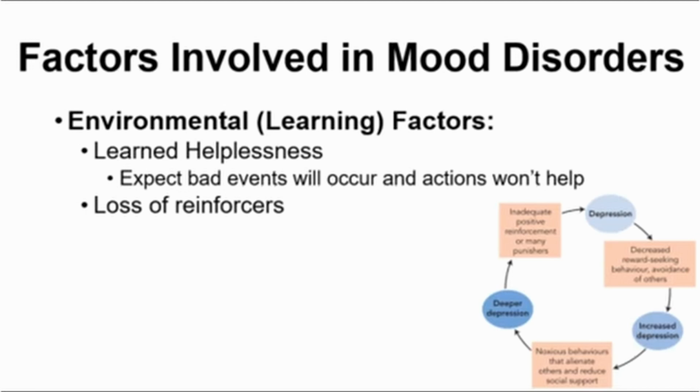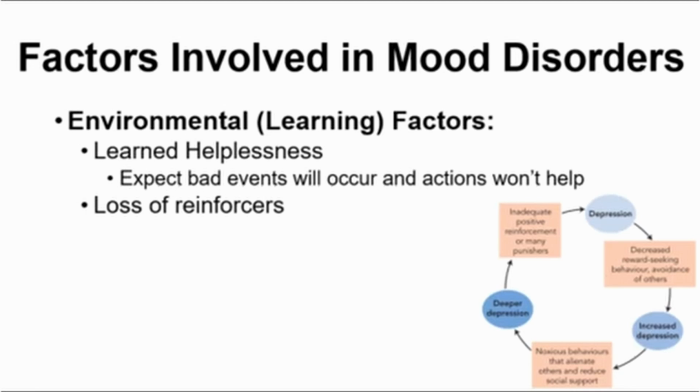And depression, if we actually look at the cycle of it and tie it in with some of our learning principles, it actually kind of makes sense. With this diagram over here, when we develop depression, we're usually going to have decreased reward-seeking behaviors. We avoid others, so you stop doing things that make you happy. You stop talking to people that make you happy. So as those things that would reinforce that kind of behavior go away, you are then going to be less and less likely to do them over time.